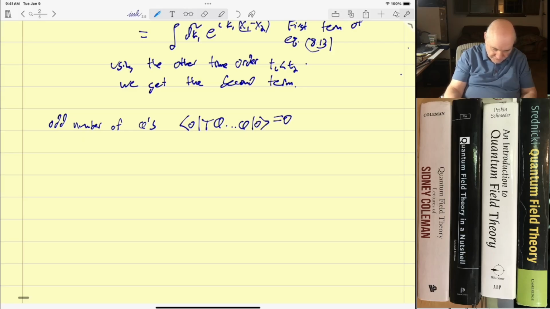This is easy to see. You can see it easily with the creation and annihilation operators. And if we have an even number, they have to be paired up.